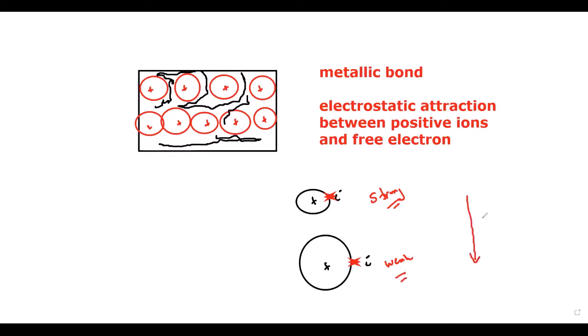So down the group, the melting point of group 2 will decrease. Is this part clear? That is why as we go down the group, the melting point is decreasing. And this is valid for group 1 as well, because group 1 are also metals. The ionic radii increases, so the attraction between the positive ion and the delocalized electron decreases. That's why the melting point will also decrease.